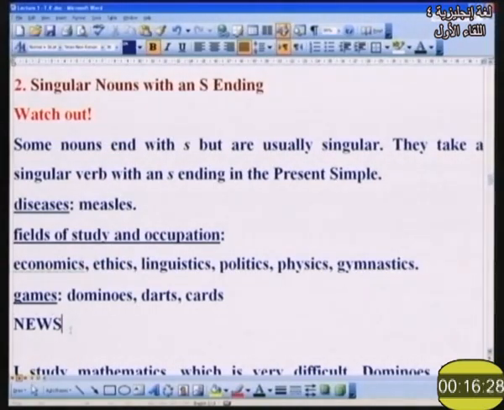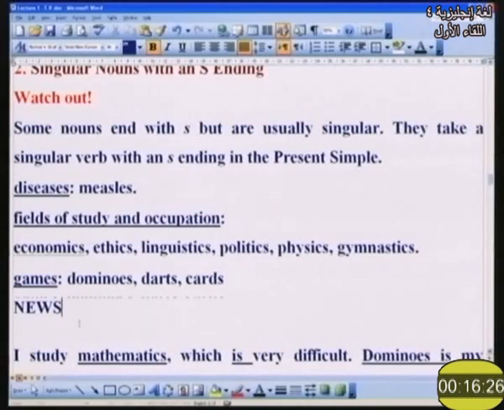And the famous word that we have is news. News. It ends with an S, but it is singular. If you look at the reason for this, it's because news consists of the initial letters of these words. North. Okay. Plus east. Plus west.